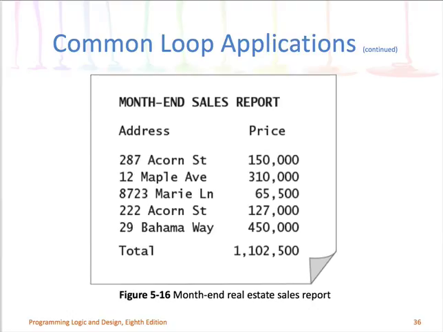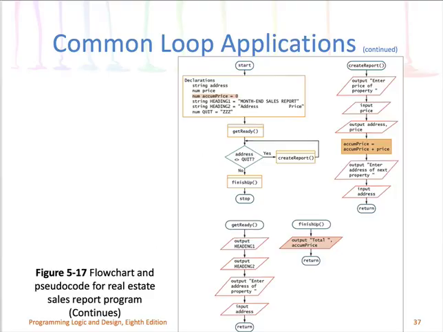So here they were taking the other example, which was here's a bunch of houses that were sold this month, and then down at the bottom, it's $1.1 million. So they have a summary or a running total at the bottom. So that's just an example of what the program might look like.